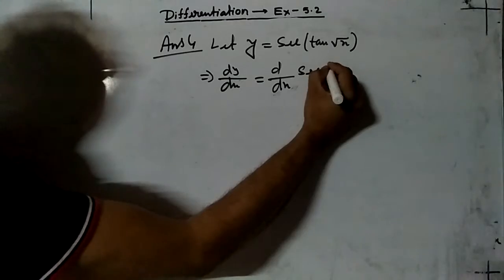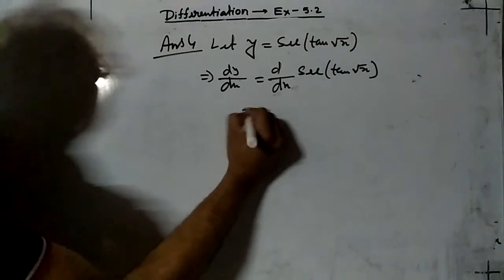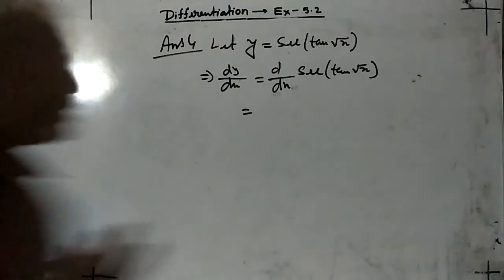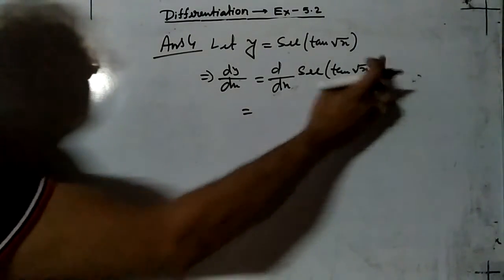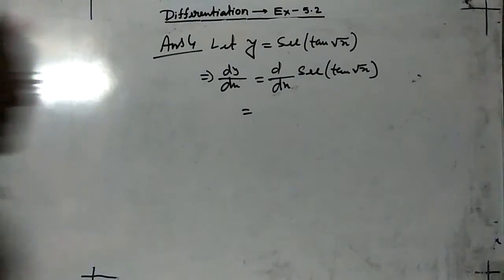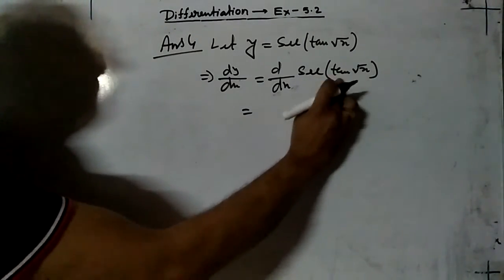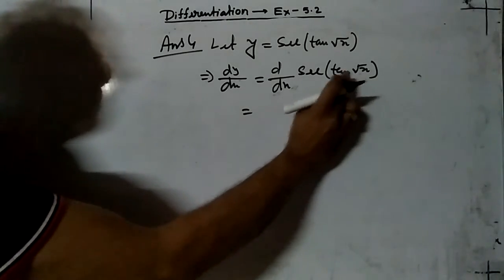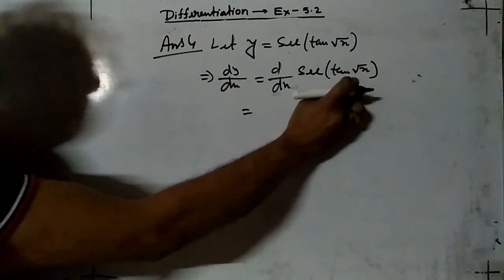So sec of tan root x. We know the formula of sec x. Whatever is given in place of x, we have to differentiate with respect to that. So except sec, what is here? Tan root x. So we have to differentiate this whole thing with respect to tan root x.